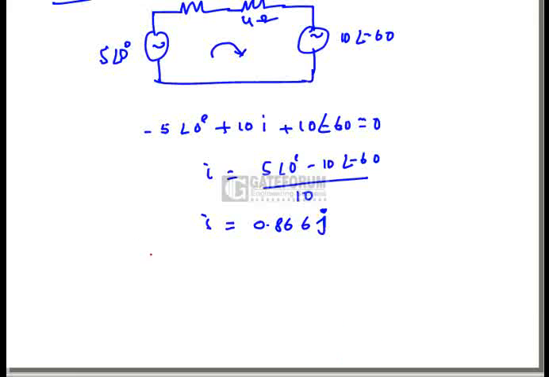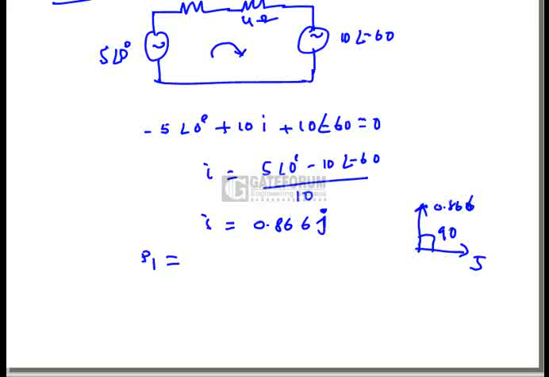Now we have to find out the power delivered by each source. The power delivered by source 1 is P1, that is V1 I1 cos phi. The voltage here is 5 at an angle 0, in phasor form, and the current is leading, 0.866, right?